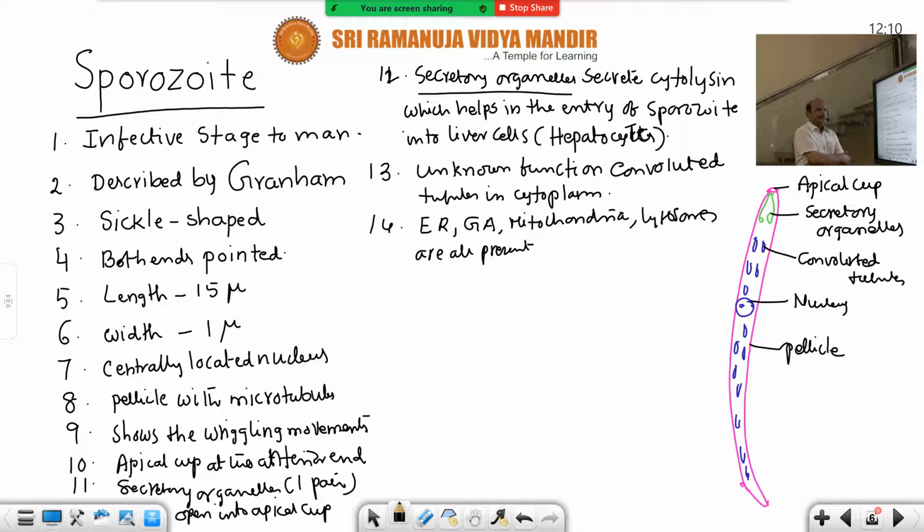This is the labeling. Okay, that is the sporozoite.